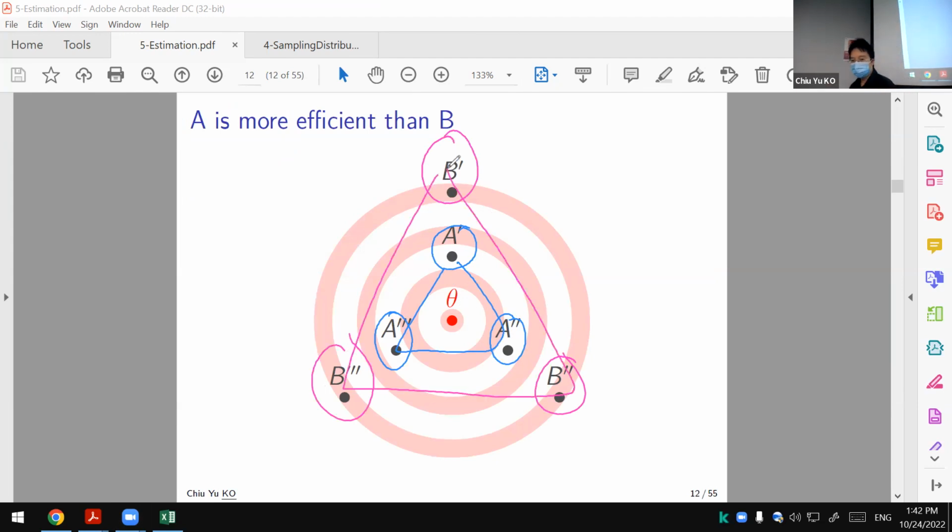And you can see A is closer to the target than B. Both of them on average hit the target, so A is better. A is more precise. So that is called A is more efficient, efficient in the sense that you can get a better estimate. Is that okay?